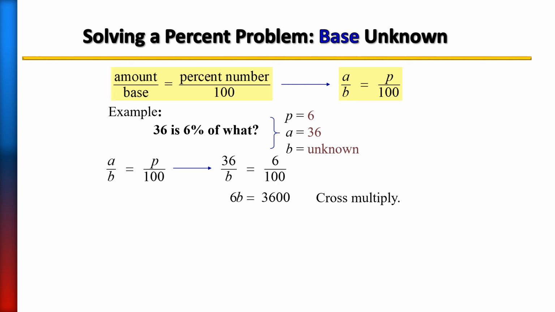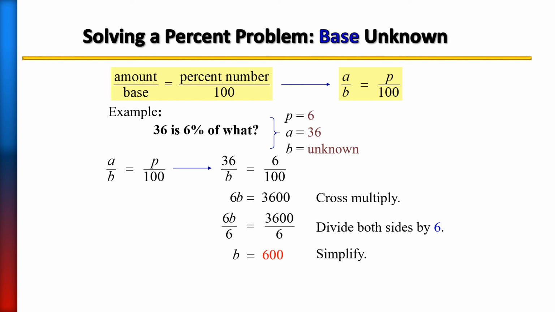Last step to solving this equation is to do what? Yes, divide by 6. Whatever you do to one side, you do to the other, and 3600 divided by 6 equals, yes, you got it, 600. And there you have it, using the A over B equals P over 100 equation method.